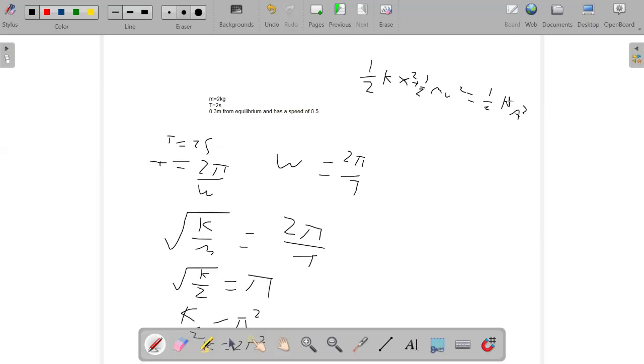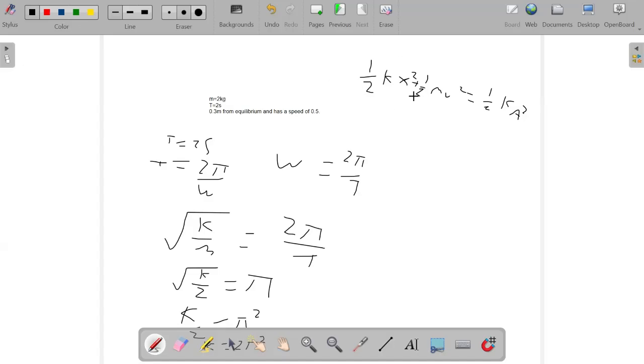It's the amplitude. And we know this because energy is constant throughout the time. This value is the maximum energy because this is at its most compressed state, and all of its energy is just going to be in potential energy.